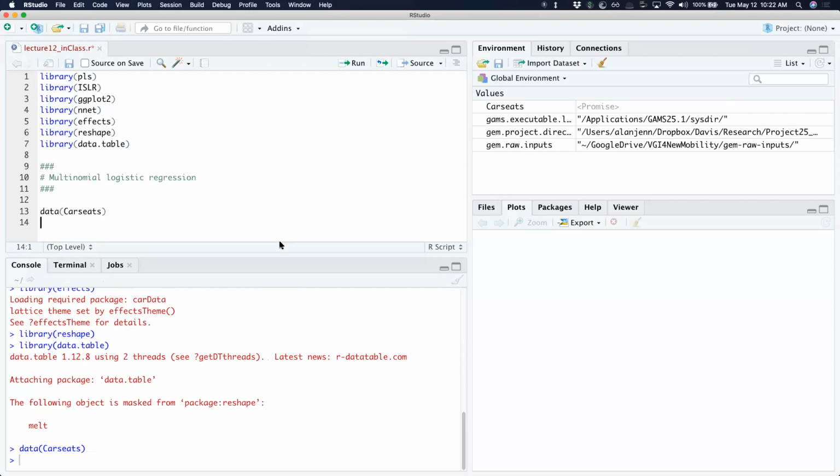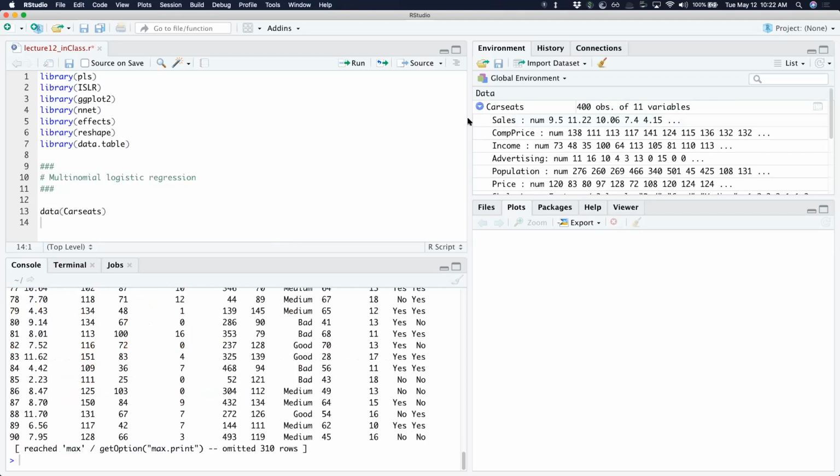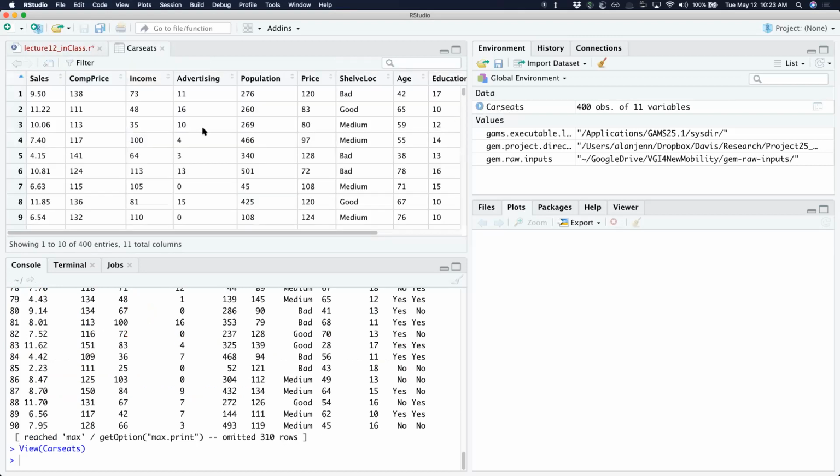So we're going to look at a data set. This is also from the ISLR package called Carseats. We'll just take a quick look at what this looks like. Okay. So this is not going to be the most robust example. I haven't been able to find a really good data set to do a simple multinomial logit.